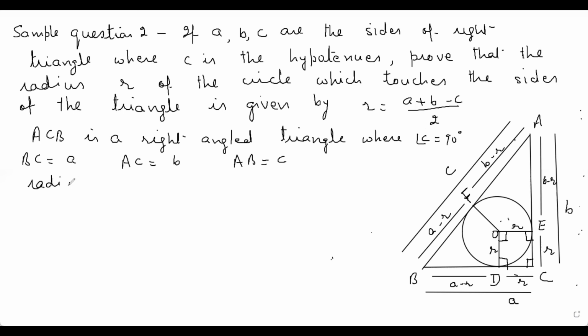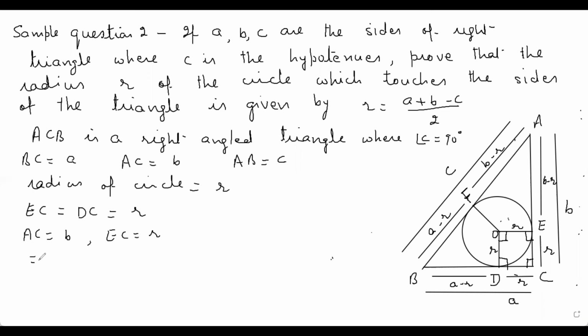Radius of circle is given R. Now EC is equal to DC. Both are equal to R. Now AC is B and EC is R.